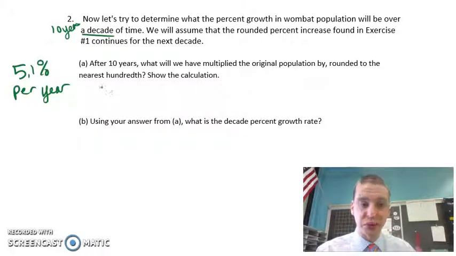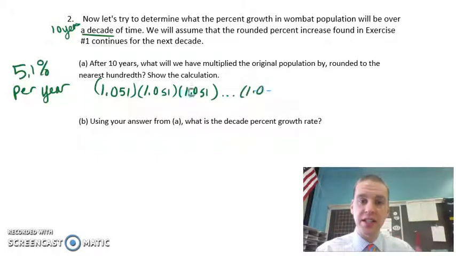Well, year 1 grows by 1.051, year 2, 1.051, year 3, 1.051, and we're going to do that until we hit the last year. So we take the original population and multiply that by 1.051 to represent the growth for the first year, and then continue to multiply by that for 10 years.